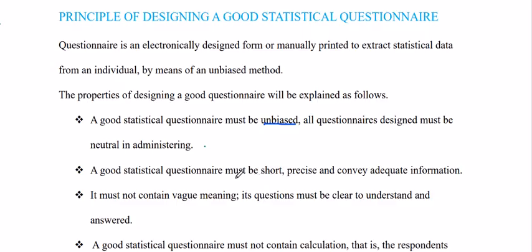So invariably, a good statistical questionnaire must be short, precise, and adequate to be able to convey the necessary information that is needed.